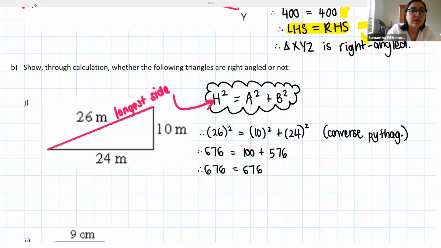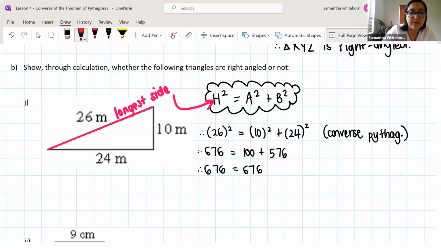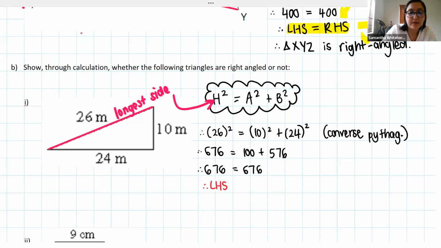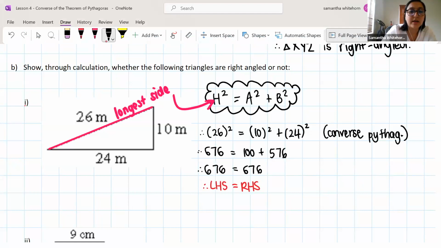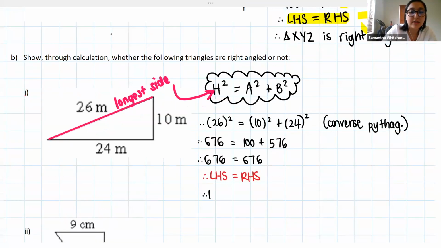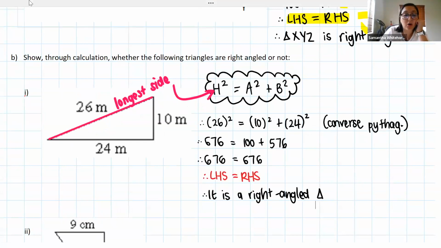And what you hopefully see is that my left-hand side is equal to the right-hand side. And because they are equal, we can therefore state it is a right-angled triangle. Okay, and that is the purpose of our converse Pythagoras.